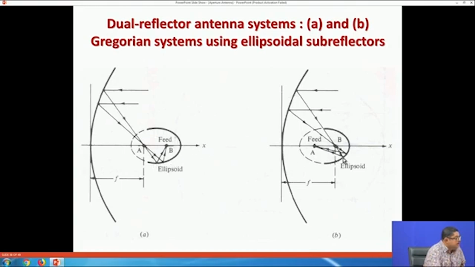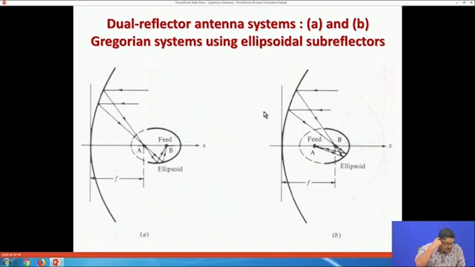Similarly, the other thing here, suppose the same thing is coming, and after getting focused, we are allowing it to get again reflected by the ellipsoid. Here it is focused on the other point B, and it gets reflected and comes to feed A. Now, this A is much nearer to the paraboloid, this B was much more distant from the paraboloid.